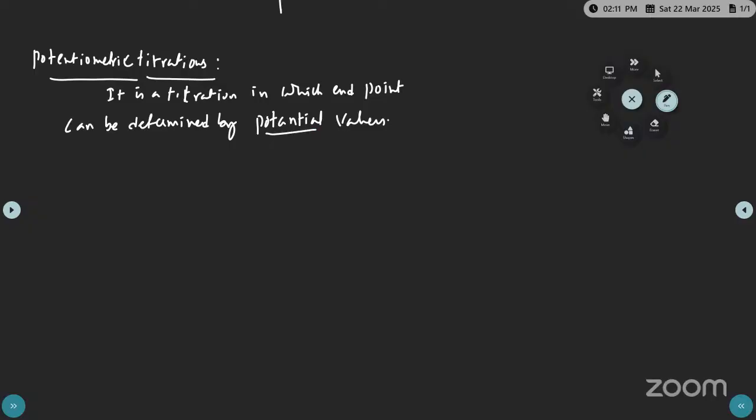Potential values base చేసుకొని end point ను determine చేస్తాం కాబట్టి it is known as potentiometric titration.